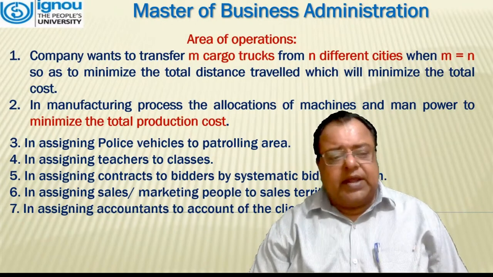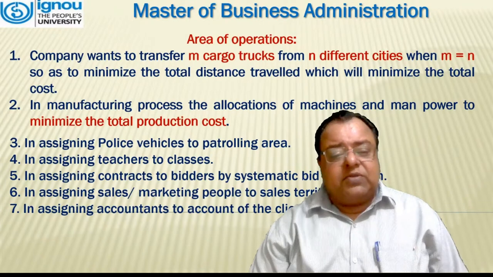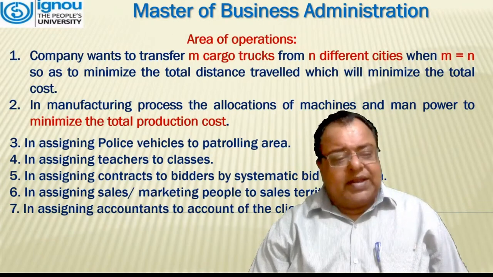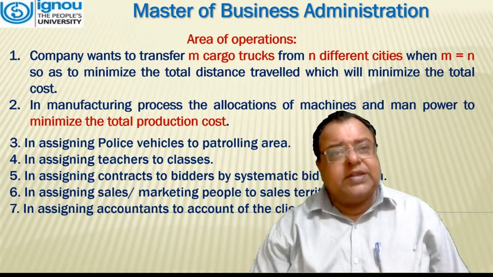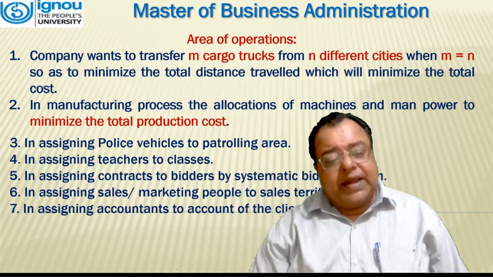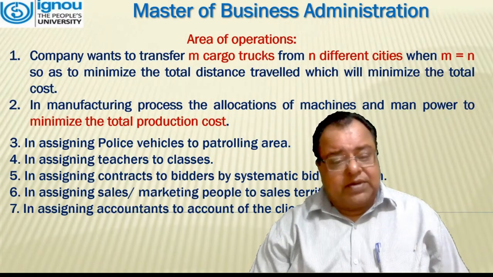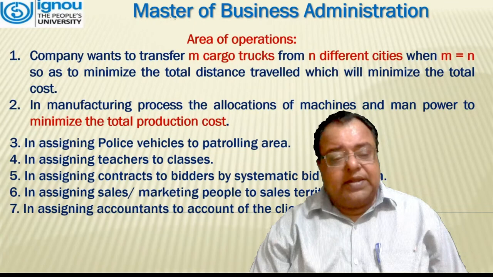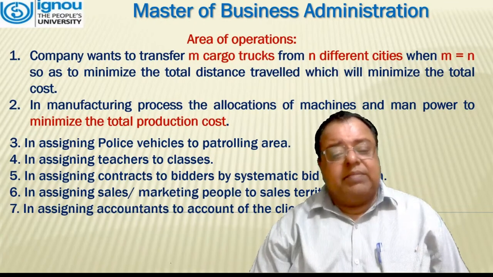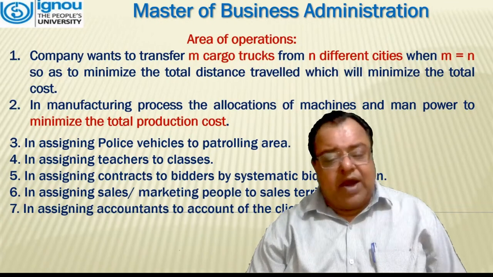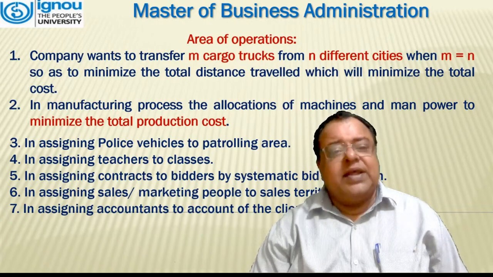Thirdly, in assigning police vehicles to patrolling areas. Next, in assigning teachers to classes. In assigning contracts to builders by systematic bid evaluation. In assigning sales and marketing people to sales territories. In assigning accountants to the accounts of the clients.